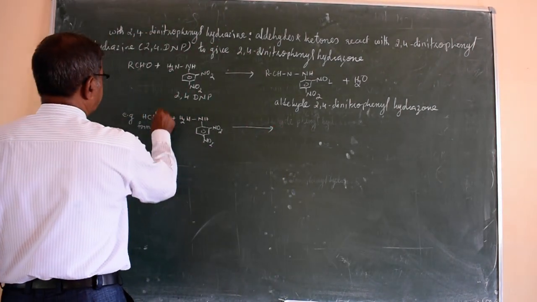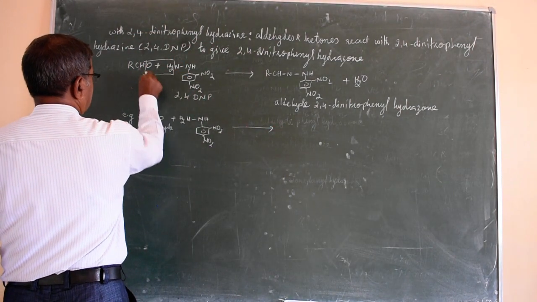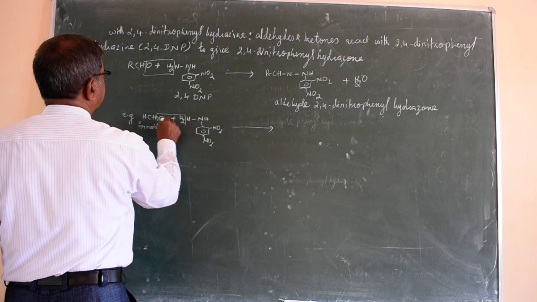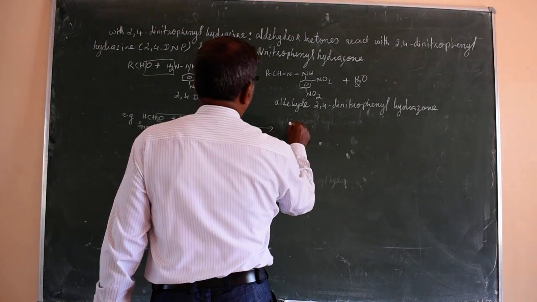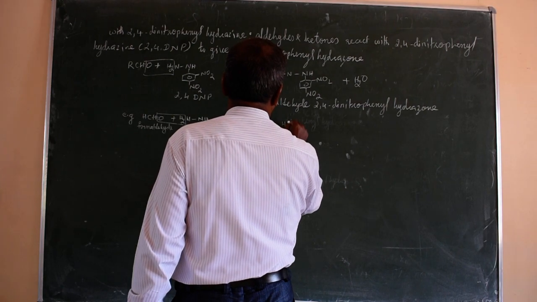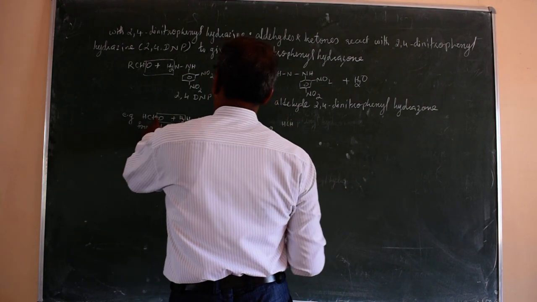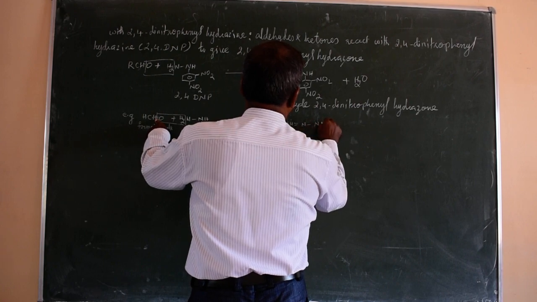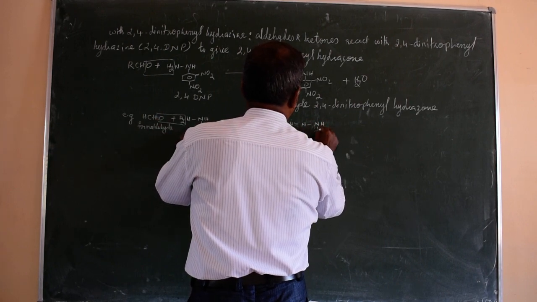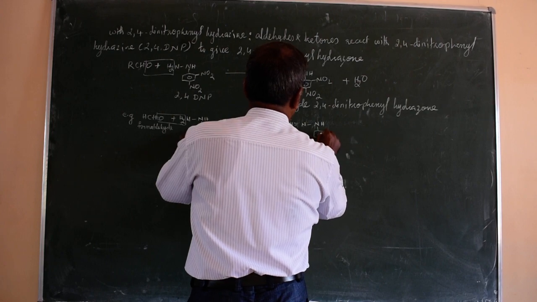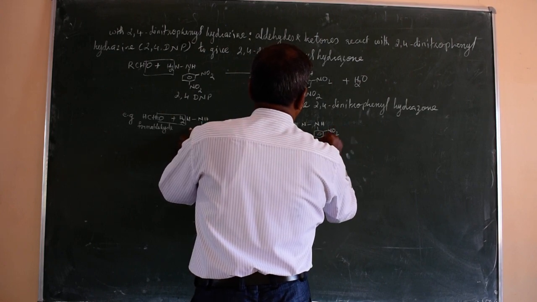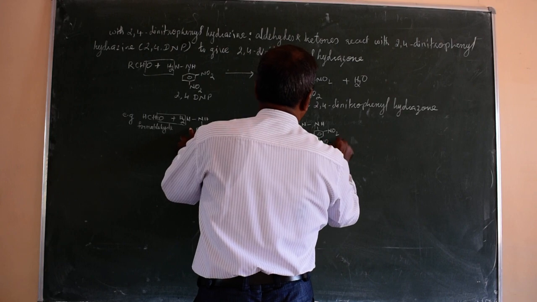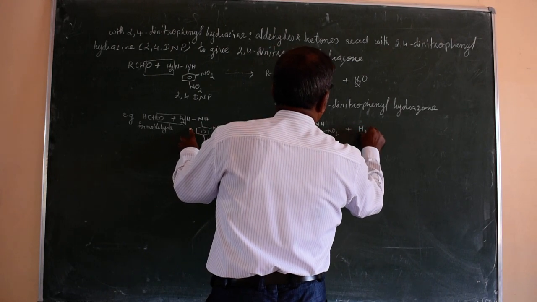Elimination of H2O takes place. H2O gets eliminated. The product is H, CH double bond N, NH, and then we have a benzene ring with NO2 on the second and fourth carbon atom of benzene.